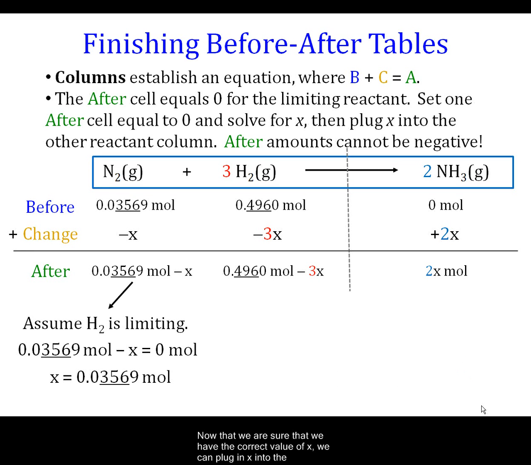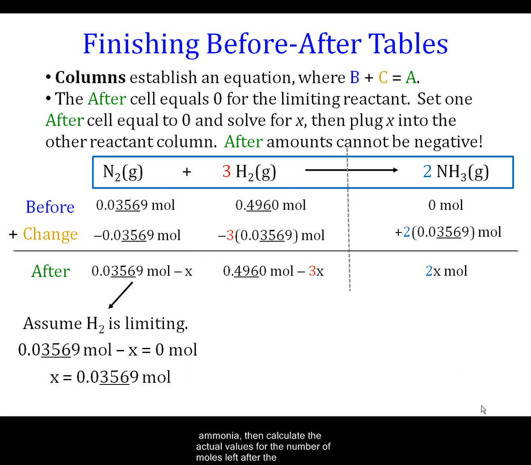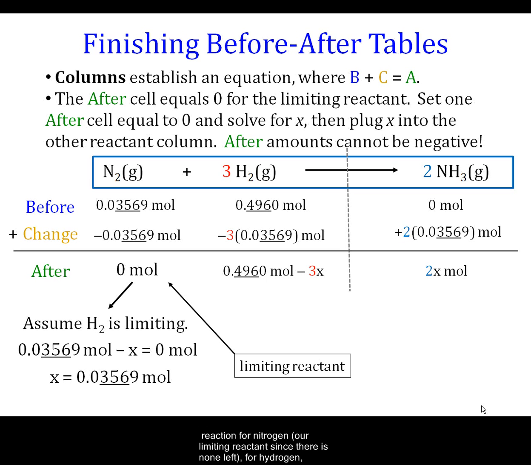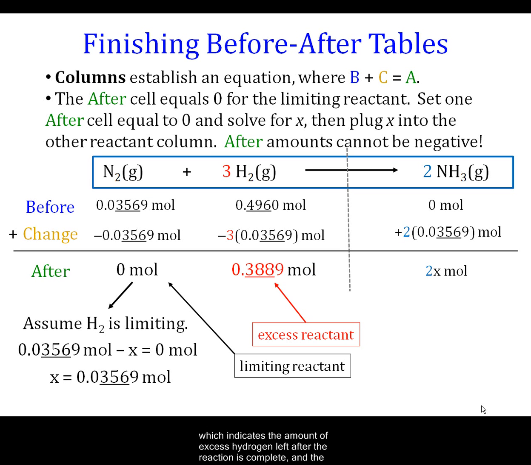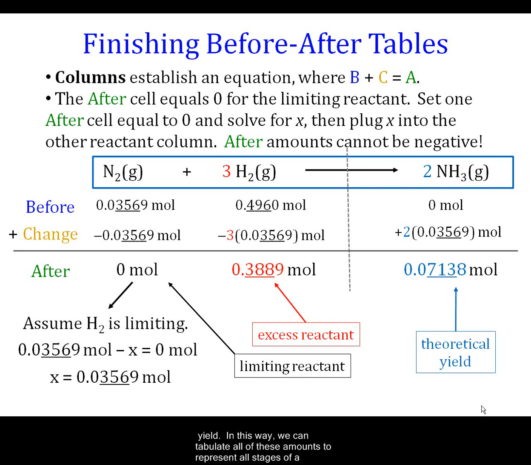Now that we are sure that we have the correct value of x, we can plug x into the change line as negative x for nitrogen, as negative 3x for hydrogen, and as positive 2x for ammonia, then calculate the actual values for the number of moles left after the reaction for nitrogen, our limiting reactant, since there is none left, for hydrogen, which indicates the amount of excess hydrogen left after the reaction is complete, and the number of moles of ammonia created from the reaction, which is the theoretical yield. In this way, we can tabulate all of these amounts to represent all stages of a reaction and to more easily see the effects of having a limiting reactant.